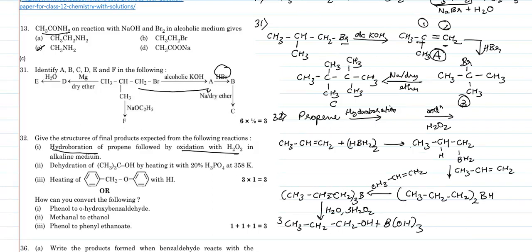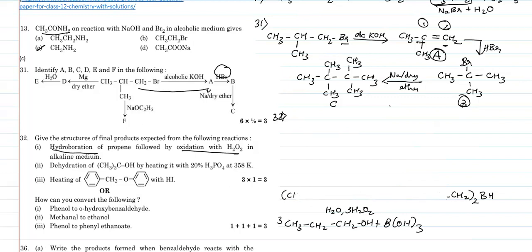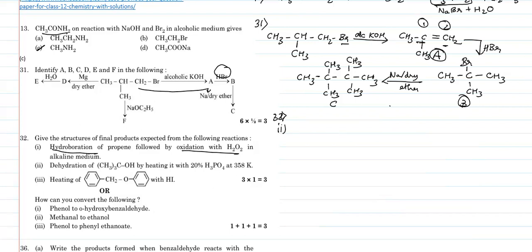The next one is a reaction. So here you have the dehydration of CH3 taken thrice, COH, by heating it with 20% H3PO4 at 358 Kelvin. Now, this particular reaction is obviously also from alcohols, phenols, and ethers. And this is a dehydration reaction. So tertiary alcohols undergo dehydration in the presence of 20% H3PO4 at 358 Kelvin.